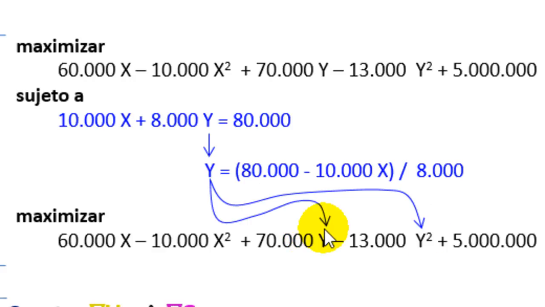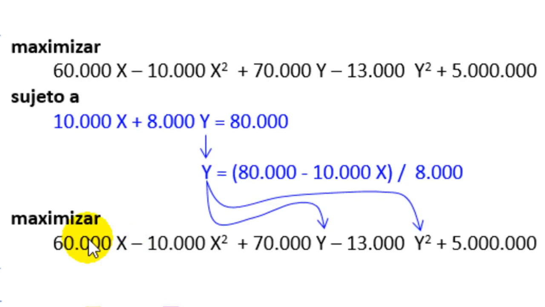Because you are going to have only x here, only one independent variable, you just maximize this function by calculating the derivative equal to 0, and then you solve for x, and that's it.